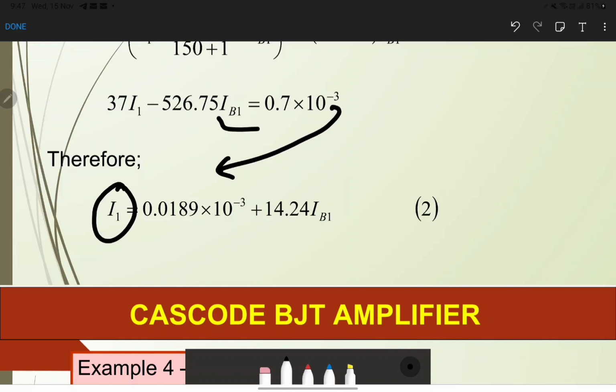So bring IB to the right side and divide by 73. So you get a new equation for I1. So from the I1, we name it equation 2. So we insert this equation 2 into equation 1.